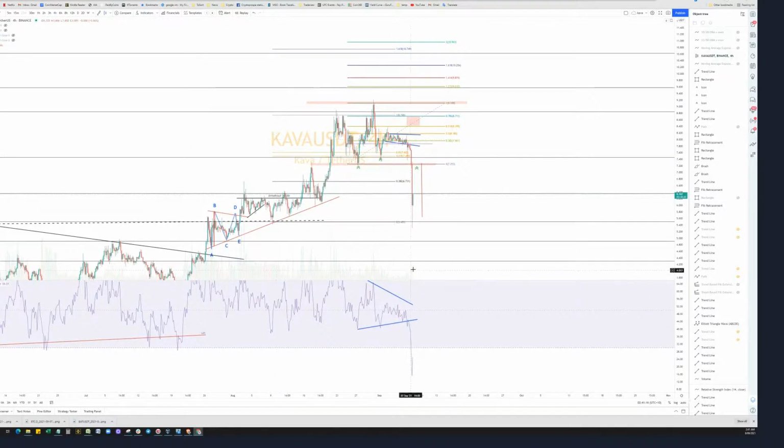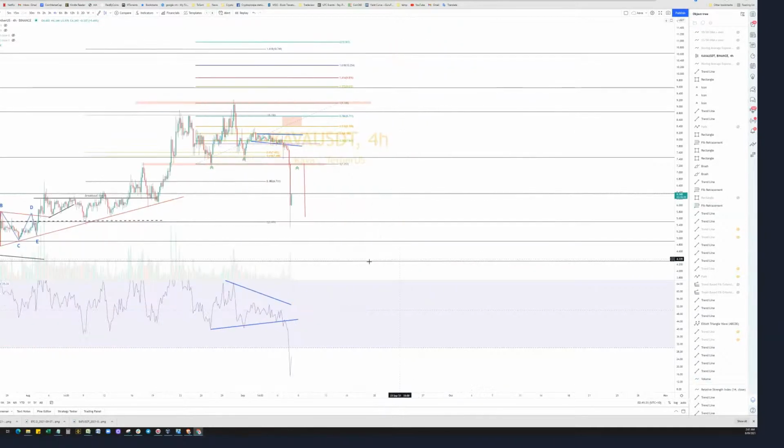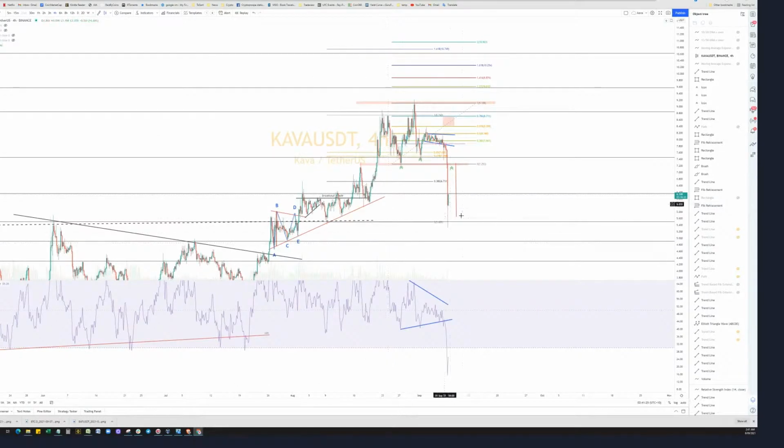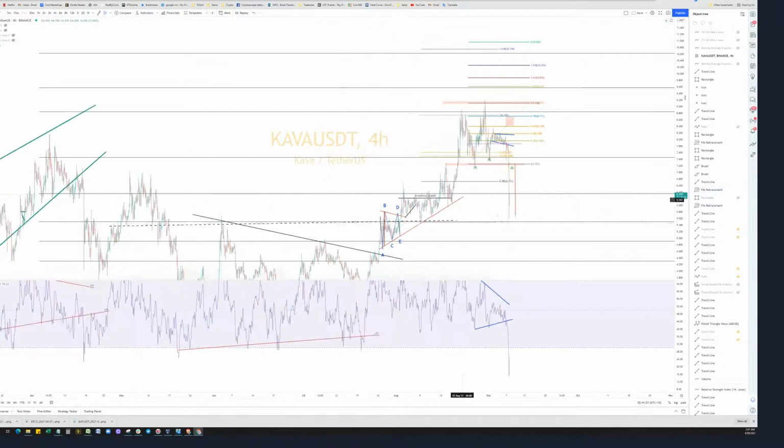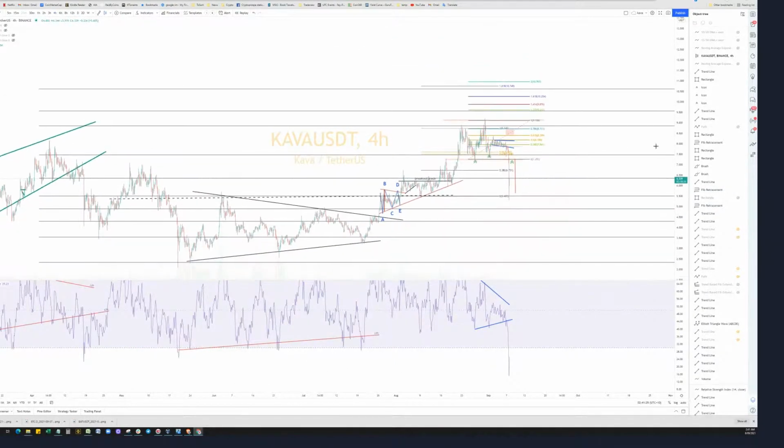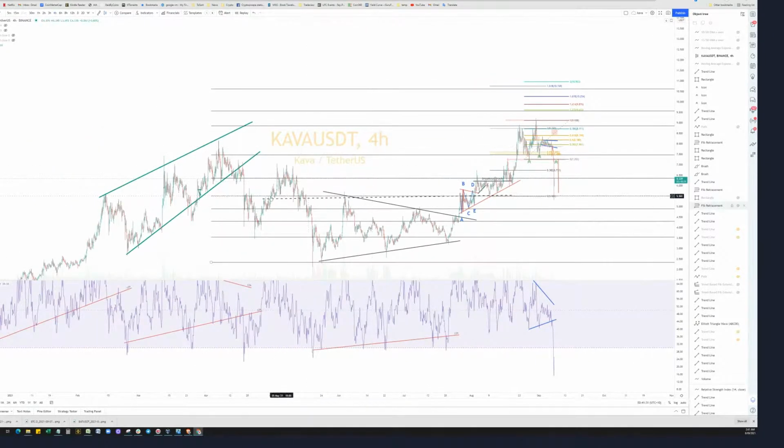Yeah, not that big actually. It'll be bigger than that. All right. But that is the bottom for Carver. I do believe that. It's just a big support area. So that was a good buying spot there.